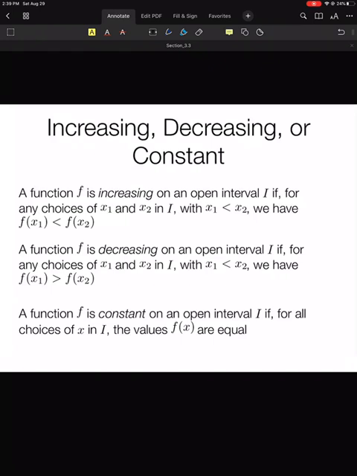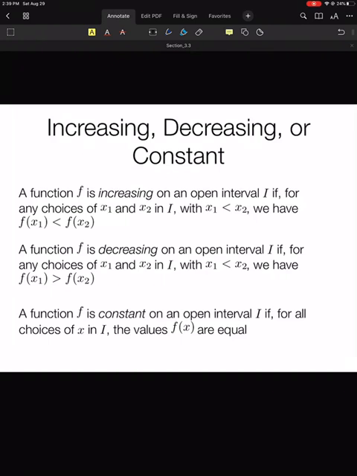A function is increasing on an open interval I, if for any choices of x1 and x2 in that open interval, with x1 being less than x2, we have that the function at x1 is less than the function at x2.